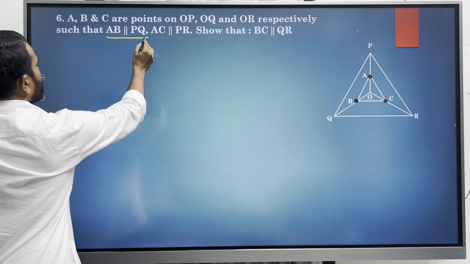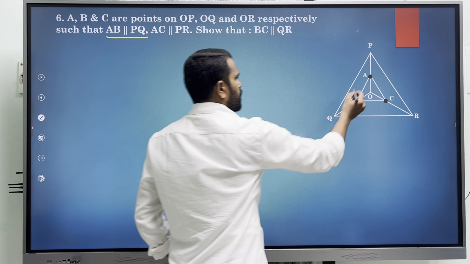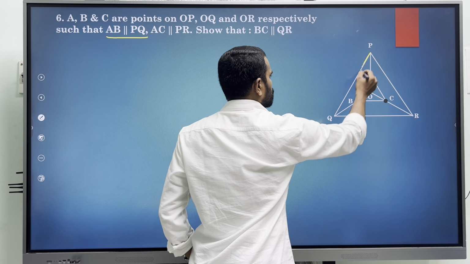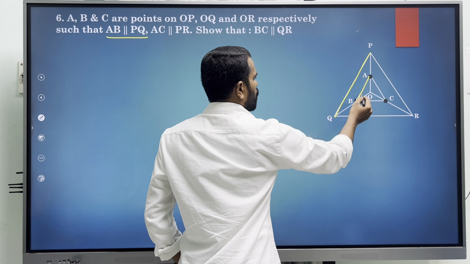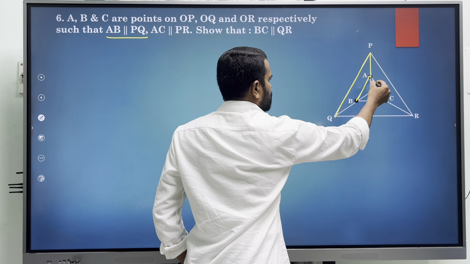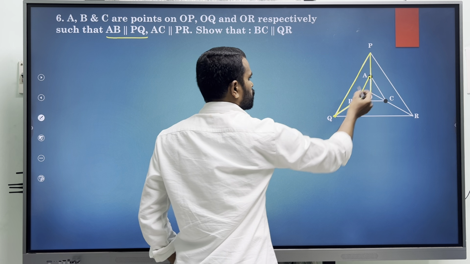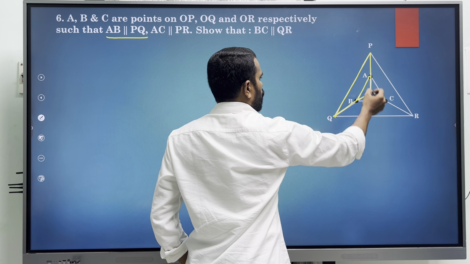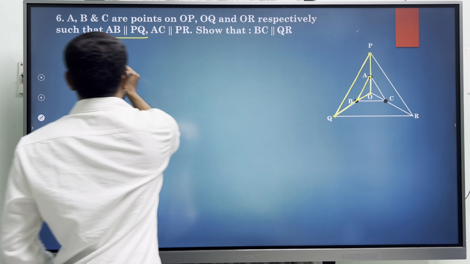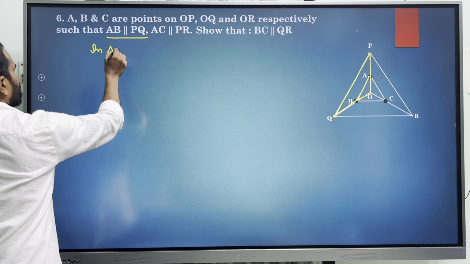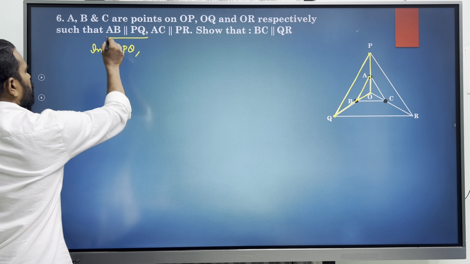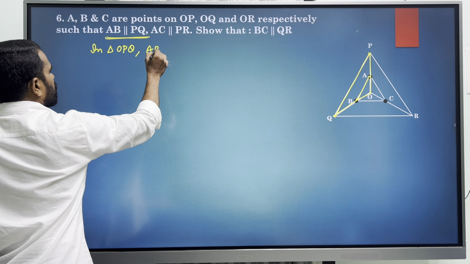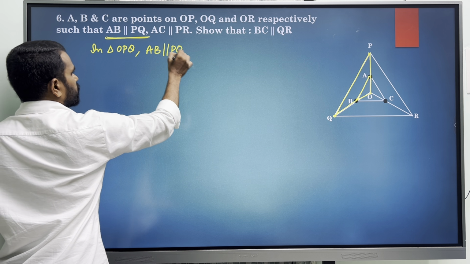Now AB is parallel to PQ, right? So for this, let us take triangle OPQ. In triangle OPQ, AB is parallel to PQ.